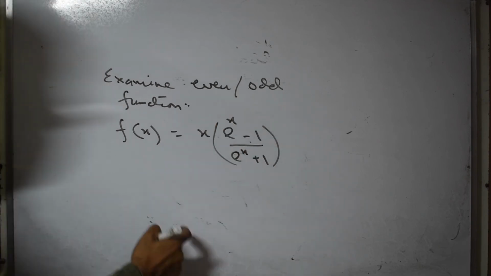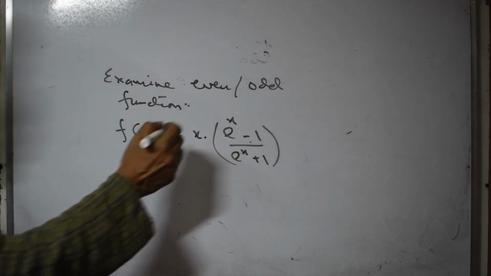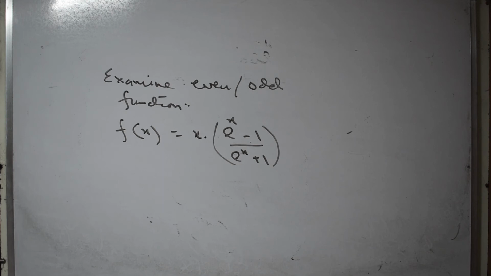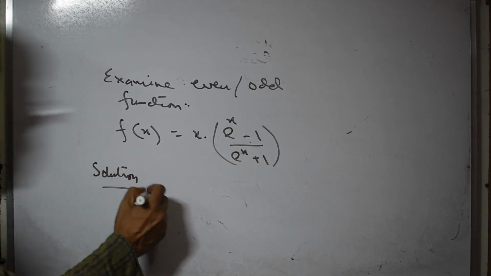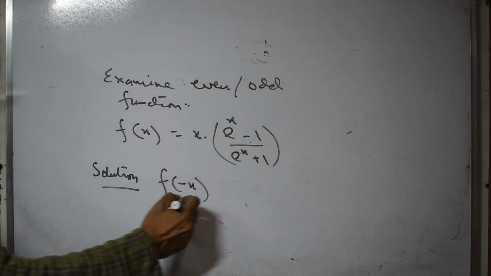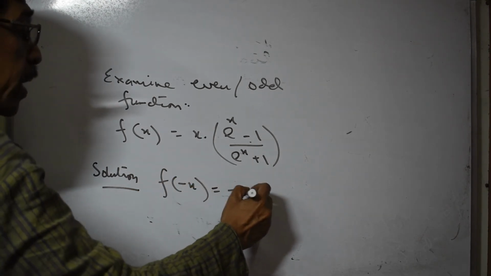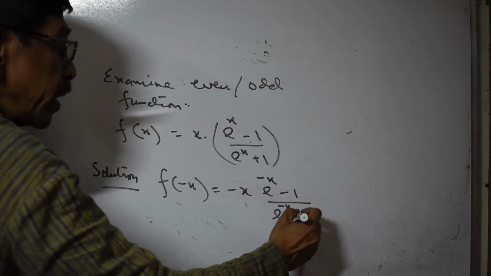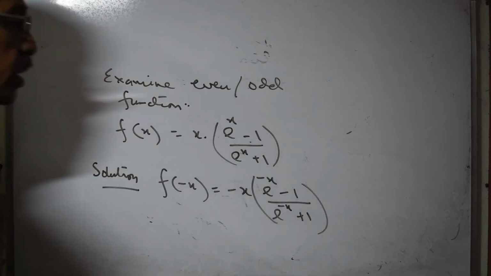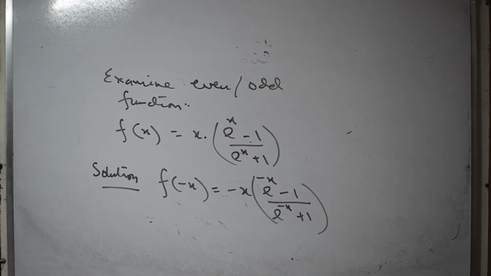This is the expression. Now what we will do, instead of x we will put minus x. How to check if it is even or odd? We will replace x as minus x. Replacing x as minus x, we find minus x into (e to the power minus x minus 1) by (e to the power minus x plus 1). So instead of x we have replaced minus x.